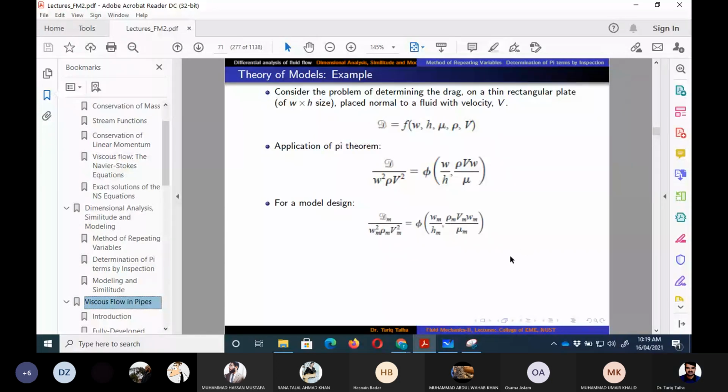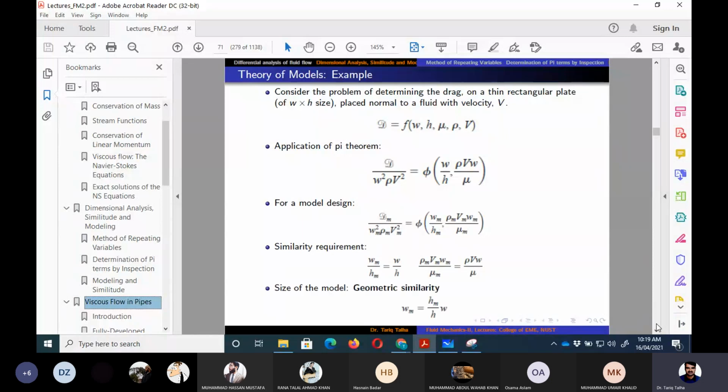Because if we are scaling it down, it means that if we decrease the width of the model, then we also need to alter the height of the model, right? So how do we calculate those heights or widths? That is by geometric similarity. It means that the first pi term of the model should be equal to the first pi term of the system.